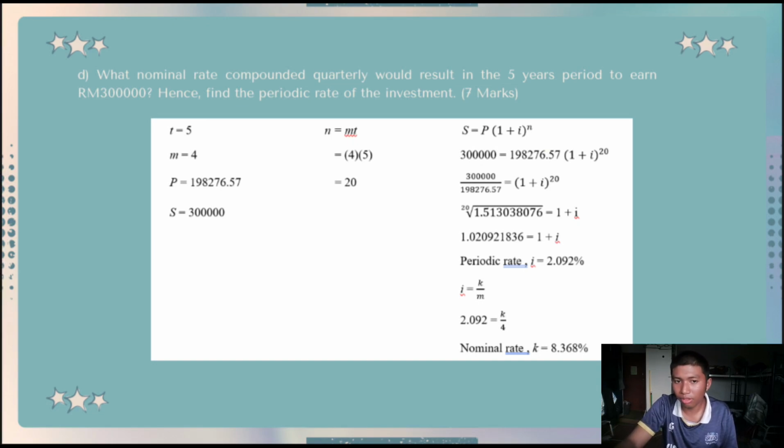It must be in 4 decimal places as well, as a lot of students always make mistakes. On the percentage, it needs 4 decimal places. So we already have our i. As you know, i equals K over M. We still have no K, which is the nominal rate. We just apply 2.092 on i and 4 on the M, and we can get nominal rate K, which is 8.368%.